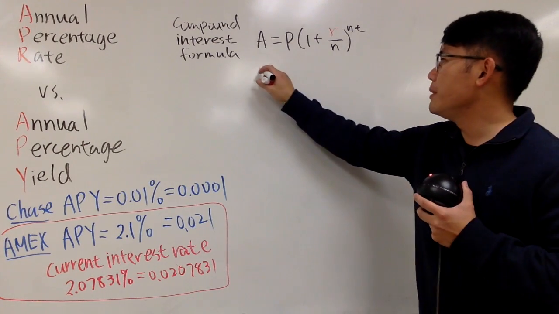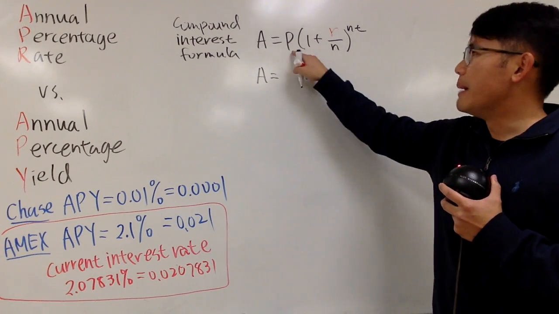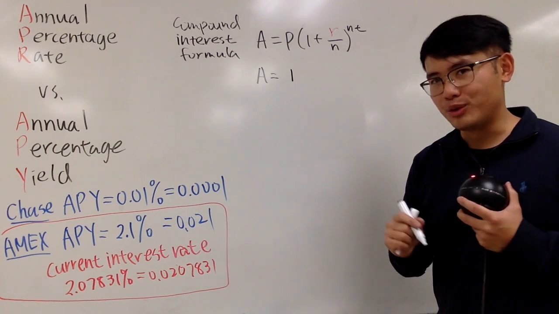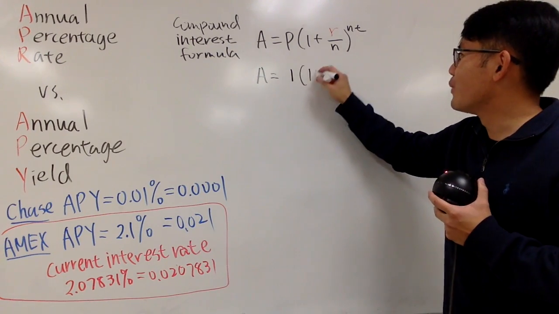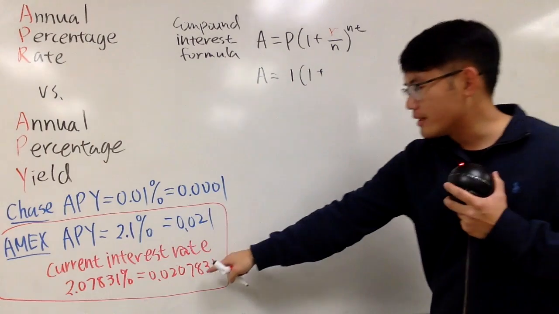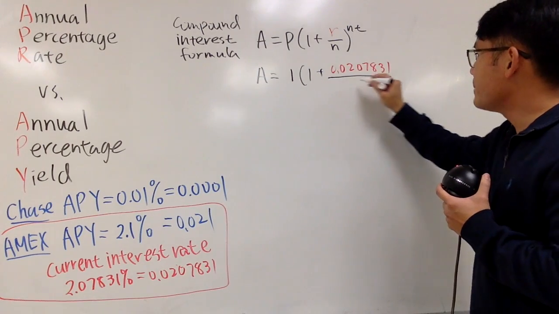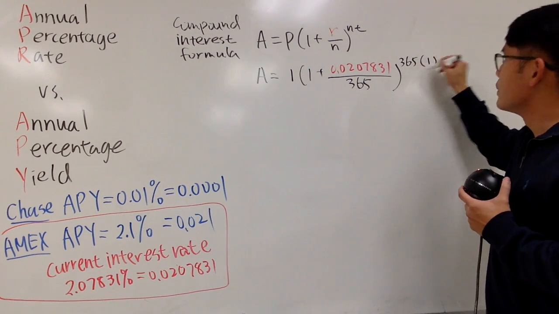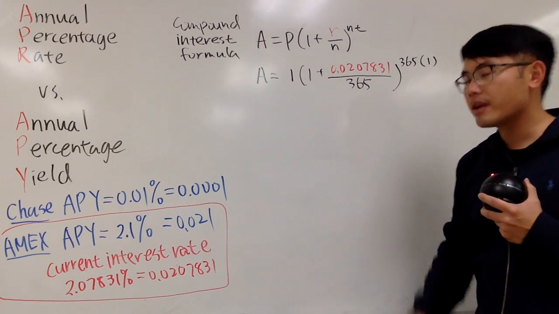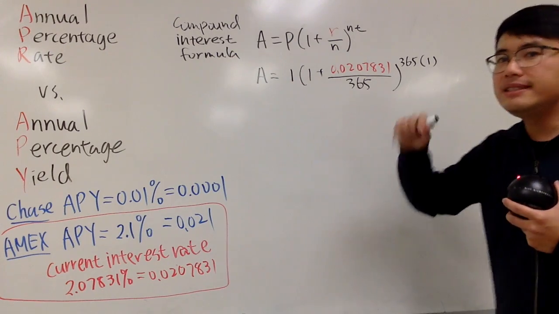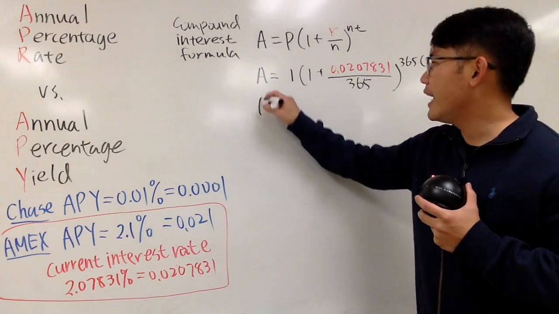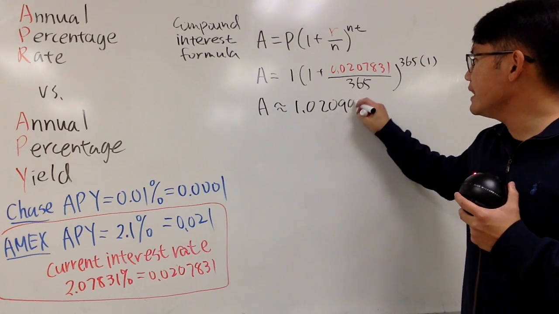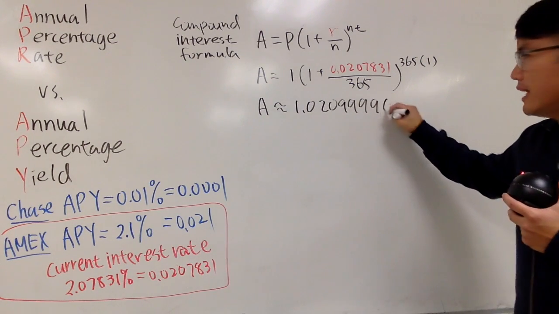So here we go. Let A be the amount that we can get, and P, let me just say 1. Let's say I have $1. I want to see what a buck can do for me. Then I have 1 plus R, which is this, and I'm going to write down all the digits, divided by 365, and raised to the 365 times 1. Let's take just 1 year. Then you can just put everything onto a calculator. You will get A being approximately 1.020999968, and so on.